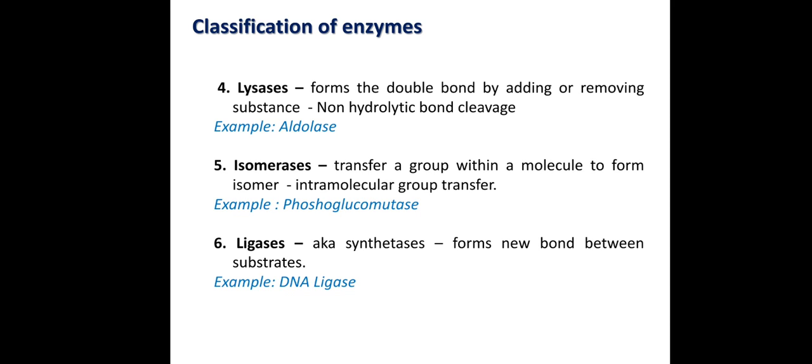An example you see on the screen is phosphoglucomutase. Then there are also triose phosphate isomerase, retinol isomerase, and phosphohexose isomerase, which is the enzyme that converts glucose 6-phosphate into fructose 6-phosphate.